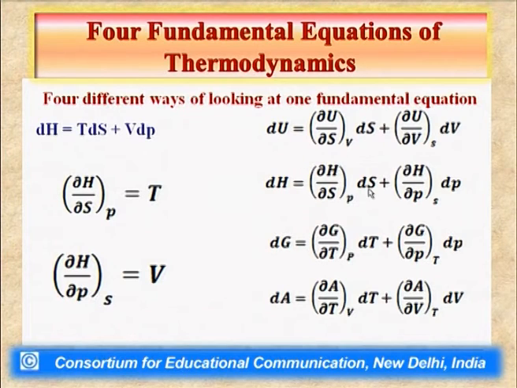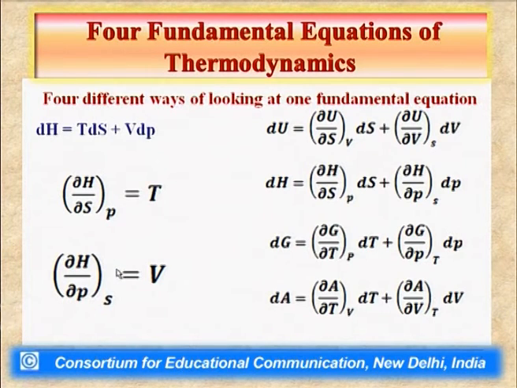So, we can compare this second equation with this equation. What we get is the value of these differential coefficients: (∂H/∂S) at constant P equal to T, because T is the coefficient of dS, and here dP is written, so its differential coefficient (∂H/∂P) at constant S can be compared to the volume of the system, because here also we have dP.